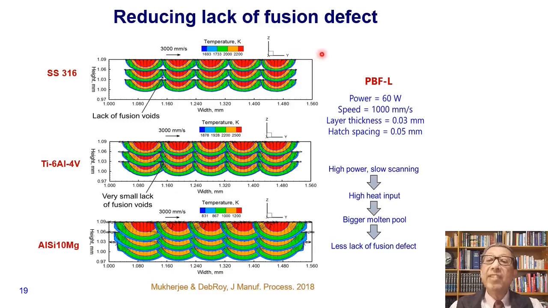And those calculations can be done for different powers, for example, and larger powers will mean a bigger molten pool, and a bigger molten pool would mean fewer lack of fusion defects. Experimentally, it has been found that predictions of lack of fusion defects from geometrical considerations using mechanistic models can accurately predict lack of fusion defects.